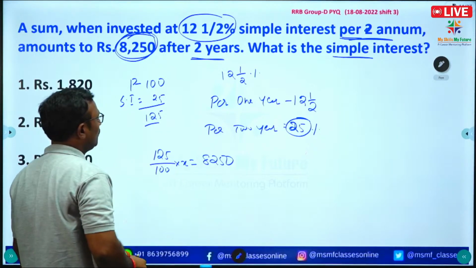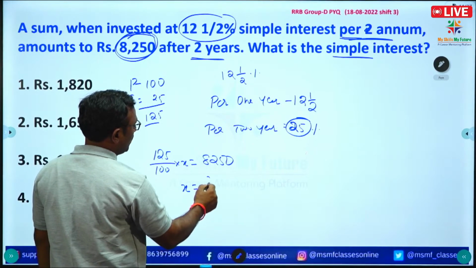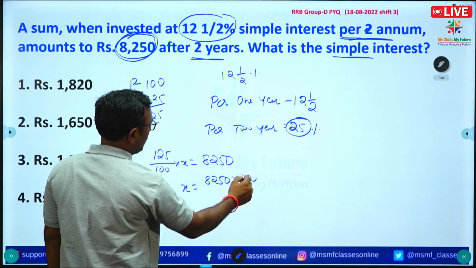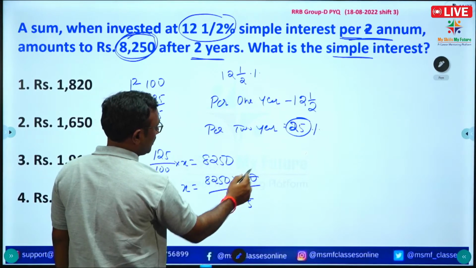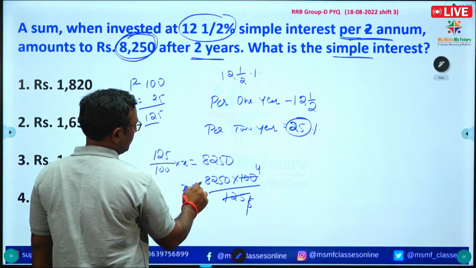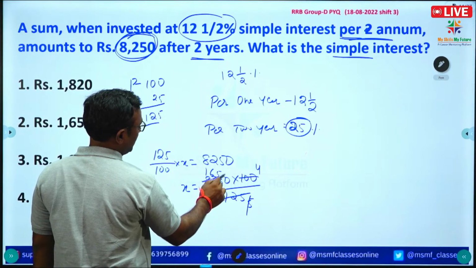So we need to find the simple interest. x is equal to 8250 into 100 by 125. So 5 1s are 5, 5 6s are 30, 5 5s are 25.